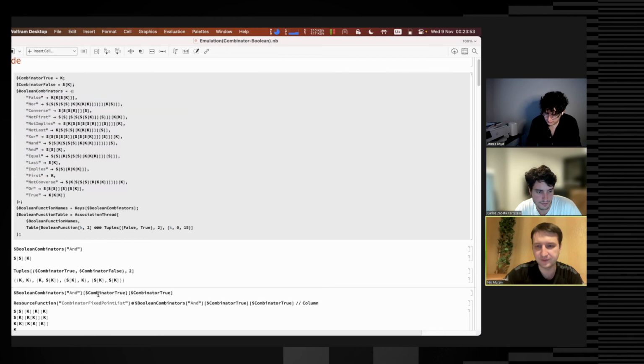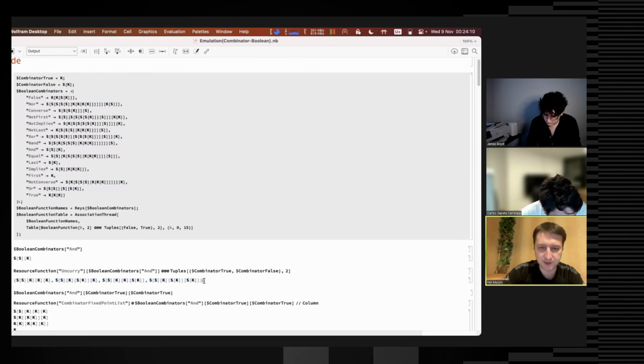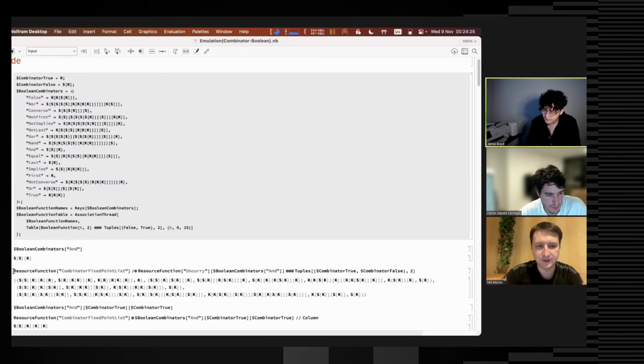So, for example, if you apply AND, the curried version, and an uncurried version applied, this is basically the 4 values in the Boolean table for AND. And we know the values, and we can run these combinator functions on all those.